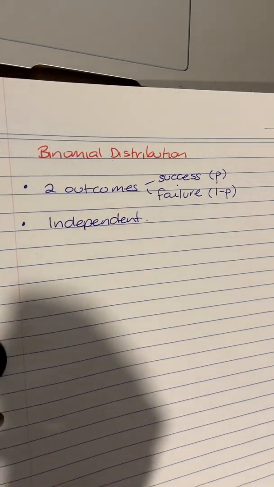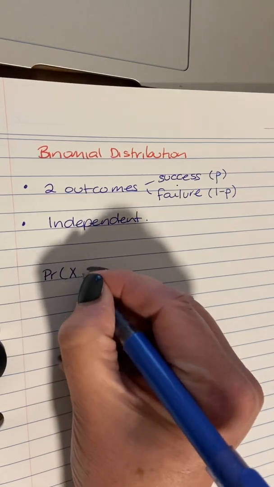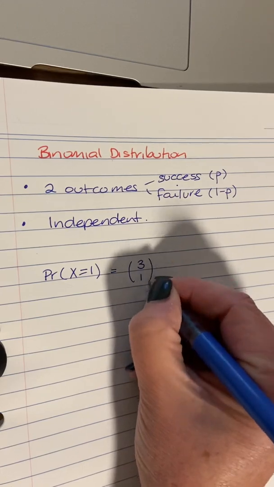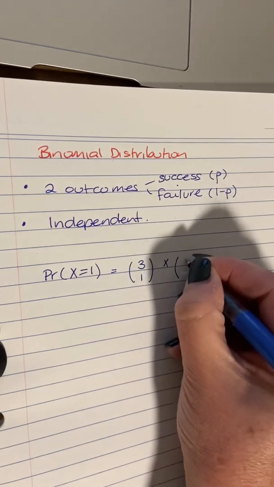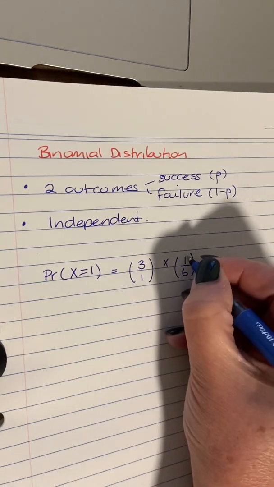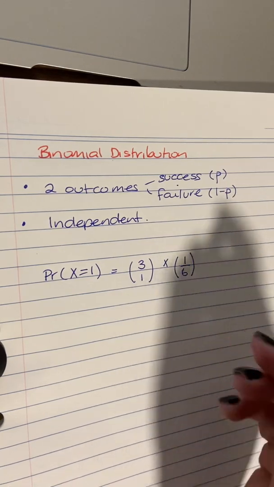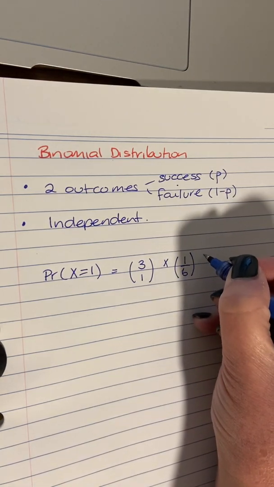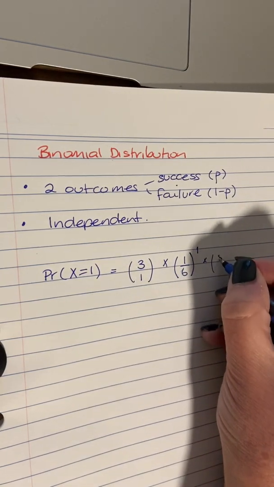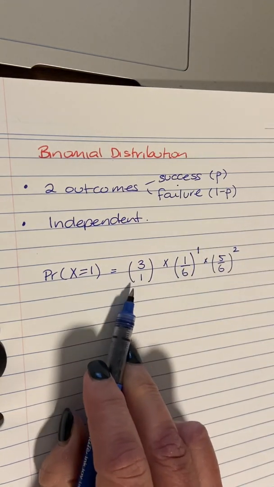So if you think of our example with the 3s and not a 3, if I wanted to find the probability that x equals 1, I say 3 choose 1 times the probability of success, which is 1 out of 6, to the power of 1. And then the other one, 5/6, but I do that to the power of 2, because I go 3 take 1.